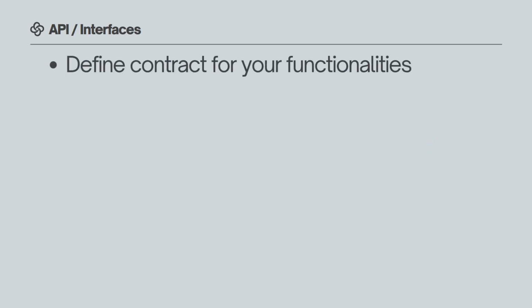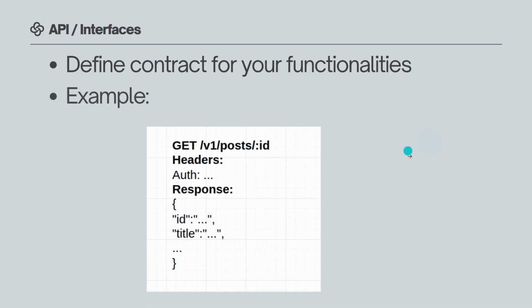We need to have the contract for your functionalities, whatever you're going to create. For instance, when it comes to seeing those posts, we need to have an API, right? So you need to have a simple API to get a post, and to provide some ID, and you need to mention the headers, the response, and if there are other API calls that you're going to make, what they should consist of, and there are many things here.